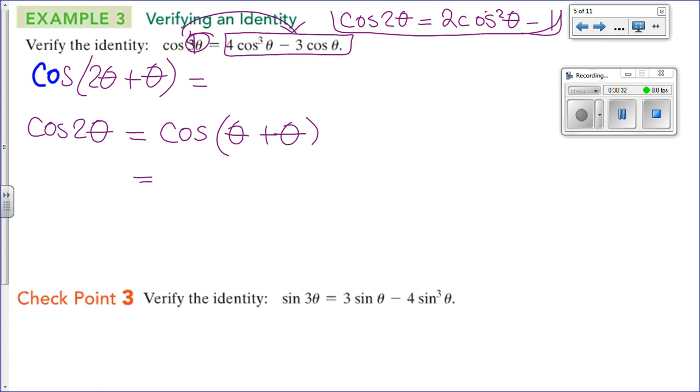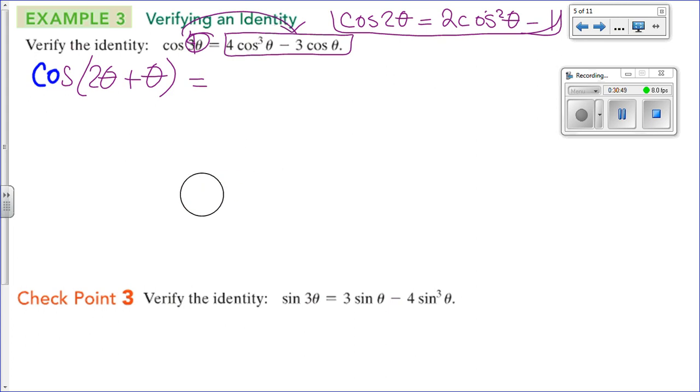So that formula, looking from the dry erase board, was cosine theta... I'm sorry. Okay, right here, this was alpha and this one is beta. All right? So let's follow the formula now.